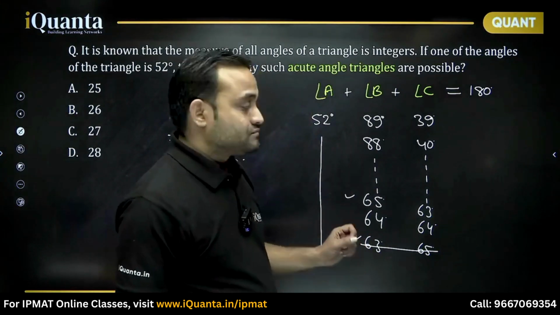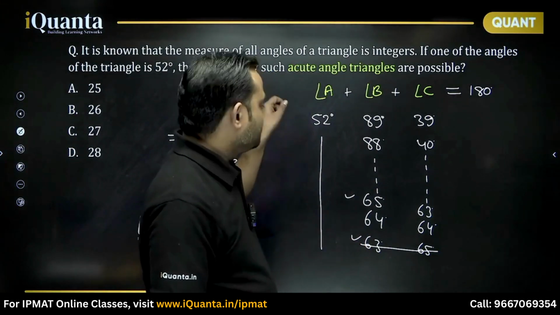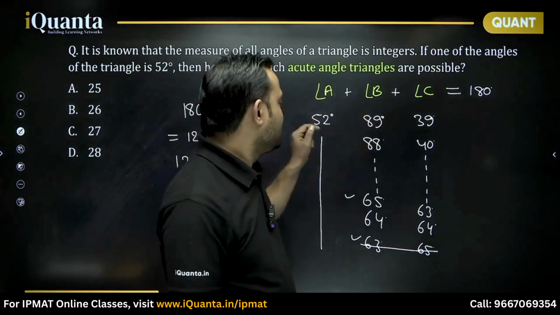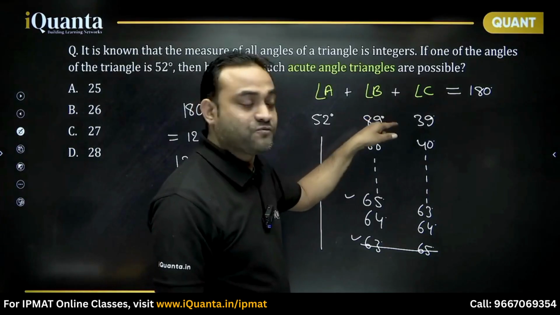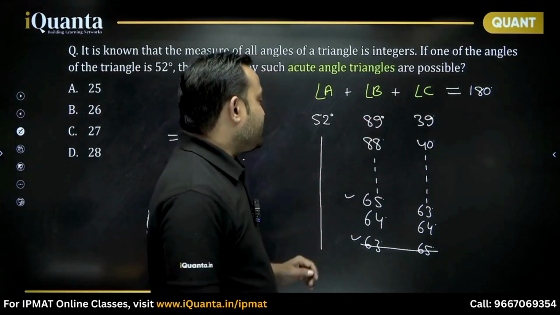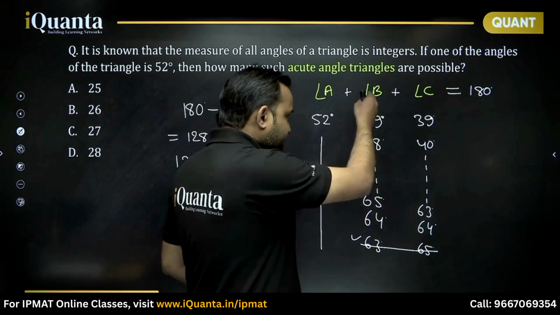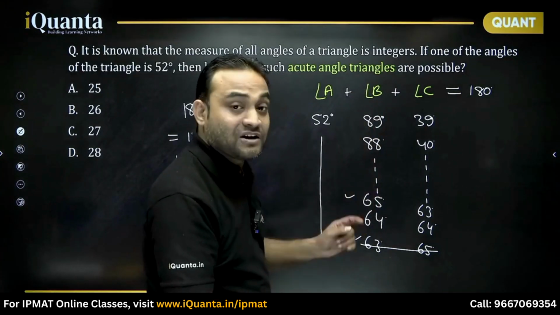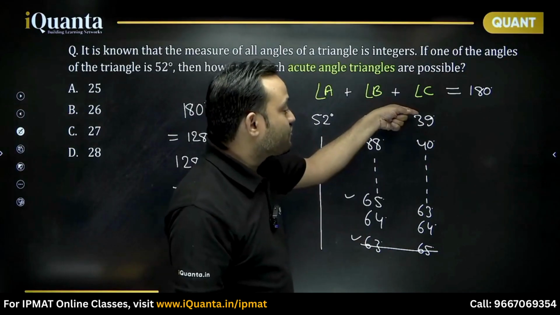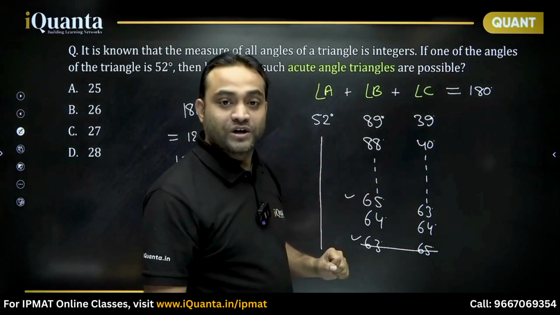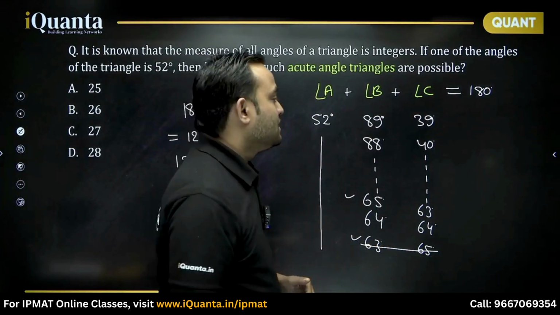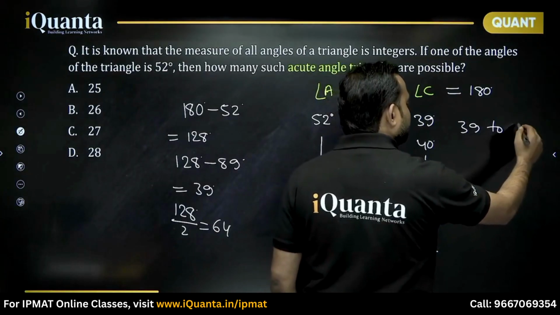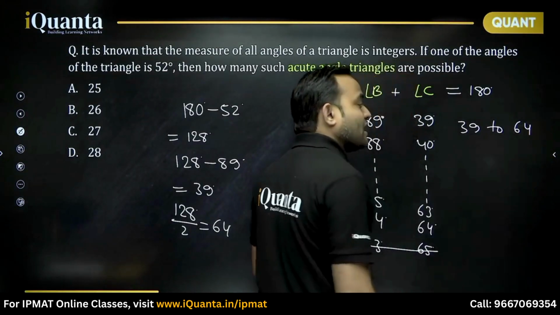So what do we have? We have a triangle with angles 52 degrees, 89 degrees, 39 degrees; 52 degrees, 88 degrees, 40 degrees. So either we can calculate all the angles from 65 degrees to 89 degrees, that will give us the count, or we can go from 39 degrees to 64 degrees, that will also give us the count. So from 39 to 64, how many values are there?